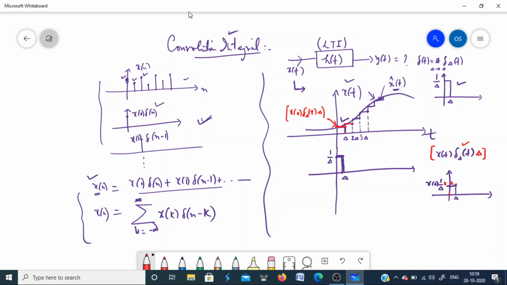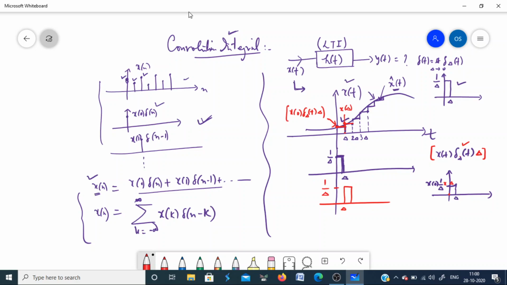Similarly, when you want to get the next pulse, you have to shift this pulse by delta to the right. It will be shifted to here. This will become delta now, and the height is again 1 by del. At this point, the signal has a value x of del.